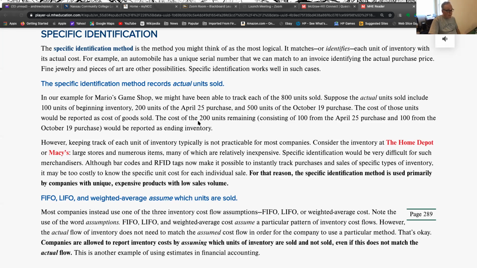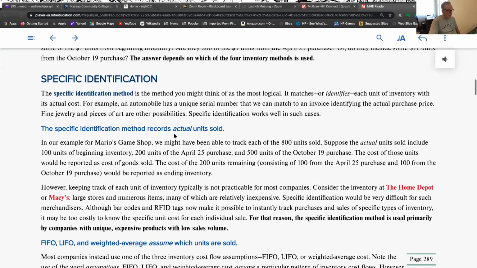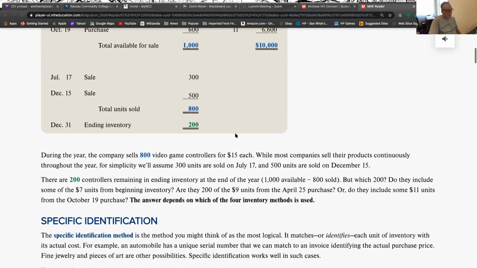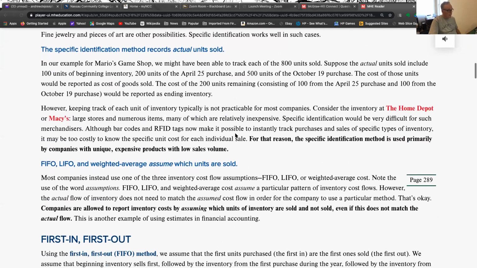So what's left? The units remaining consist of 100 from April 25th and 100 from October 19th. Well, 100 from April 25th, 100 times 9 is 900. 100 from here is 1,100. That should give you 2,000? Okay, they don't even tell you what the numbers are.